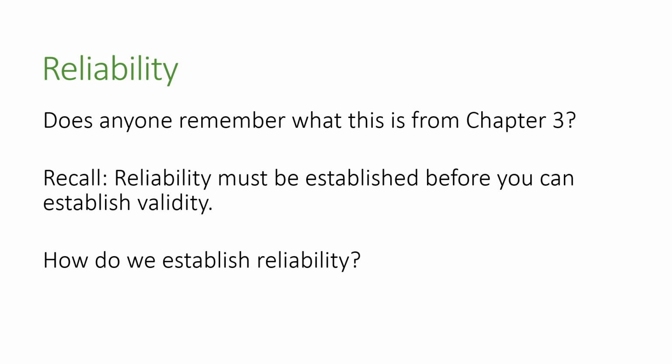Recall that reliability must be established before you can establish validity. That is, a measure must be reliable before it can be valid. But also recall that just because a measure is reliable does not make it valid. That scale tells me I'm 100 pounds every time.